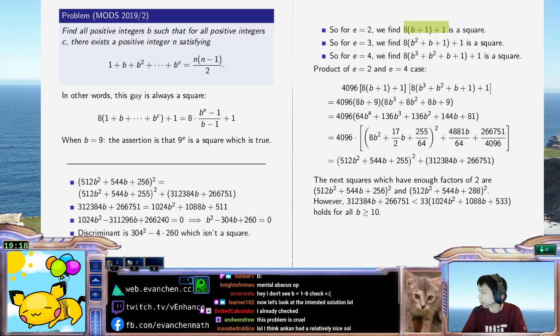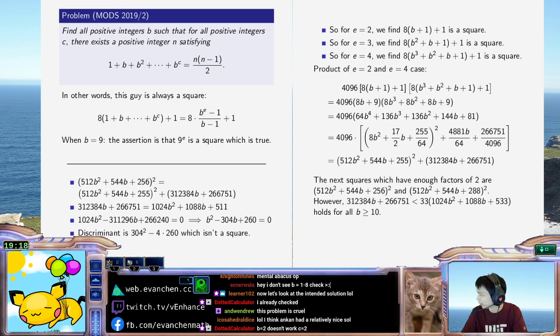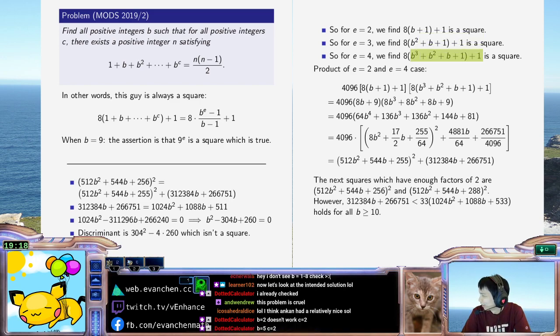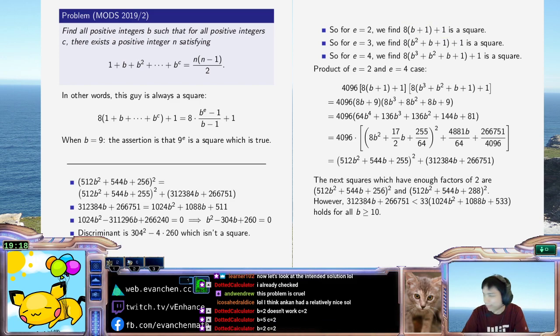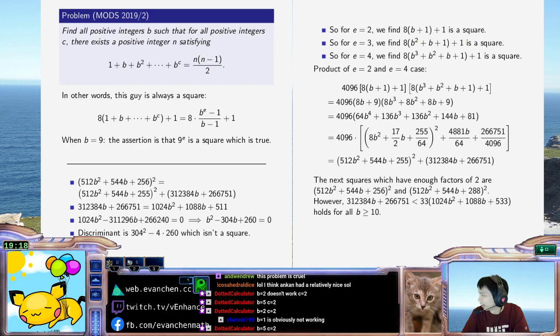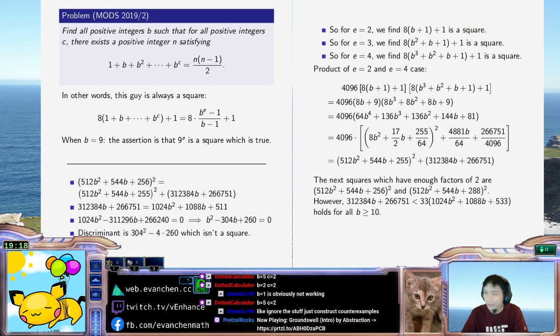You get b equals 1 doesn't work in general, but actually b equals 1 works up to like b equals 33. b equals 2 gives you 57 here. b equals 3 gives you 33. b equals 4 gives you 41. b equals 5 gives you 249. b equals 6 gives you 57. b equals 7 gives you 65. Sorry, b equals 8 gives you 73.